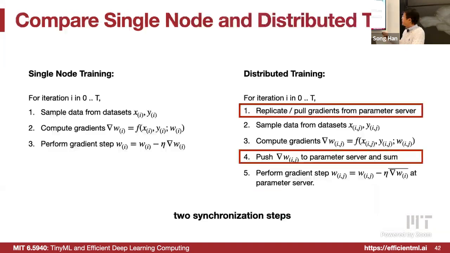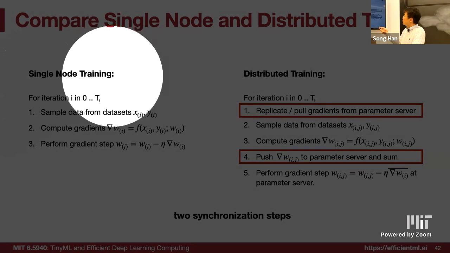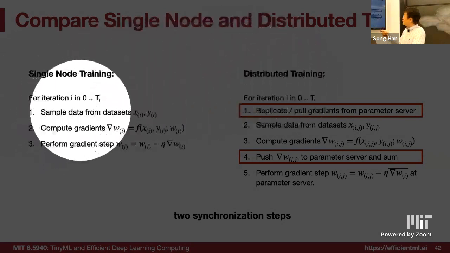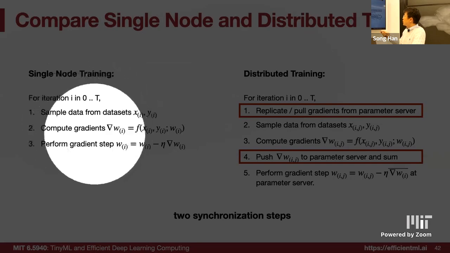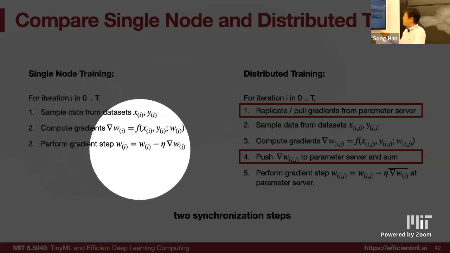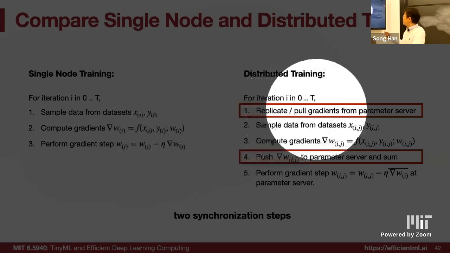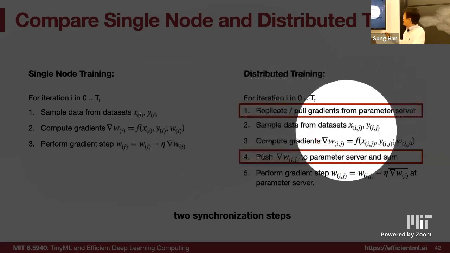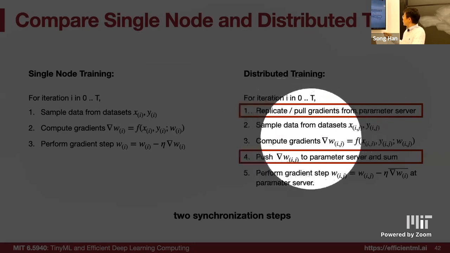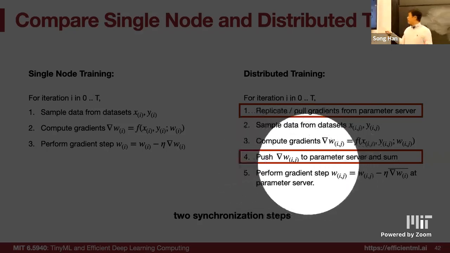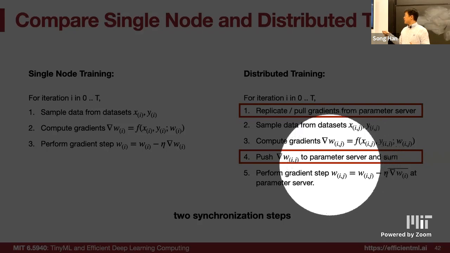So if we see the difference between single node training versus distributed training, previously in each iteration, we sample the data, calculate the gradient, perform a step to update the weight. Now we add this part to pull the gradient from the parameter server. And then it's the same, sample the data, calculate the gradient, and we added another part here to push the gradient to the parameter server and sum it up.